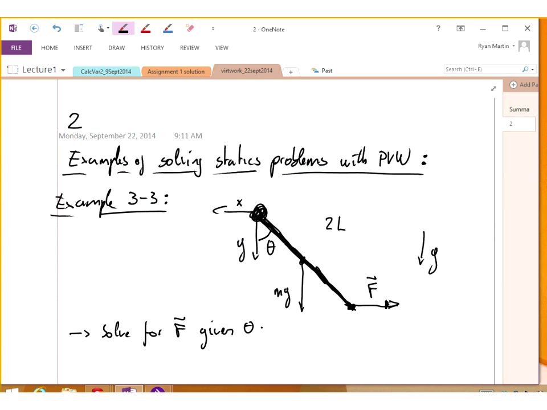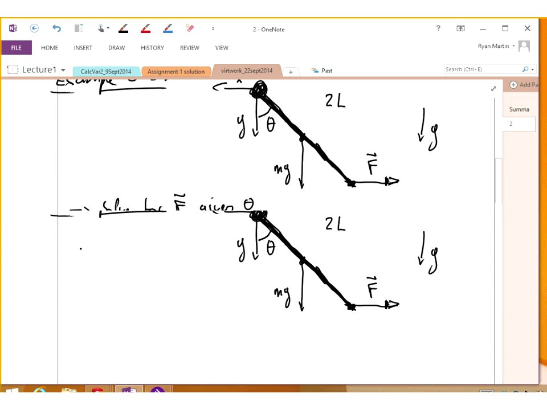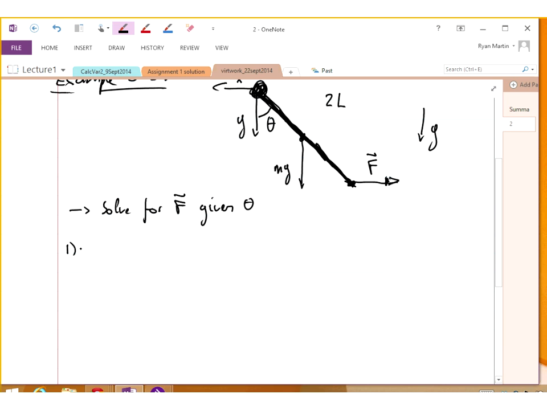So step 1 was to determine the unconstrained number of degrees of freedom. So this is a rigid object. And for a rigid object with no constraints, there are 6 degrees of freedom.